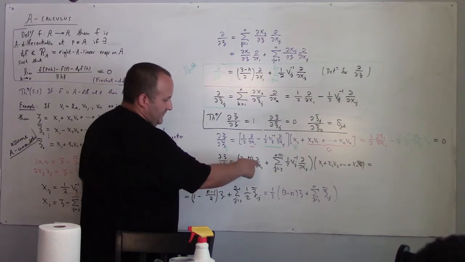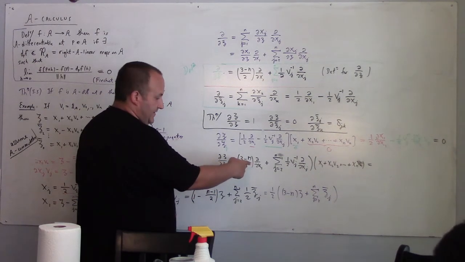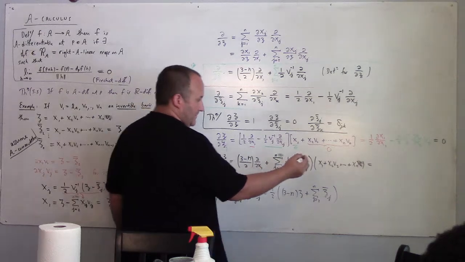So of course the first term picks up just 3 minus n over 2.